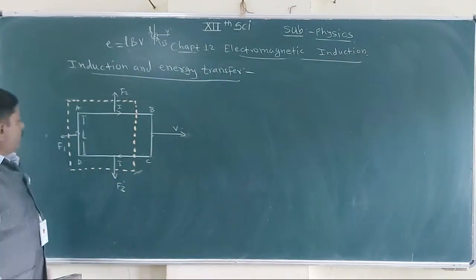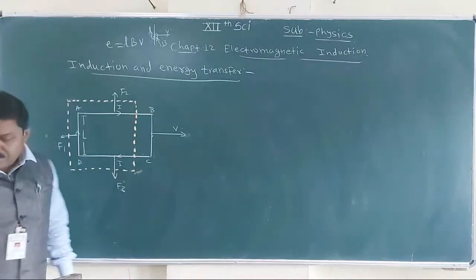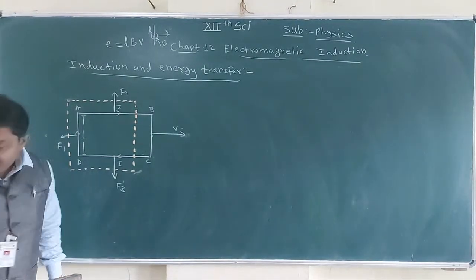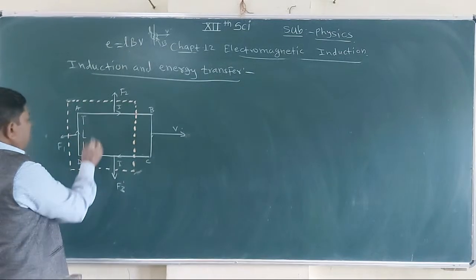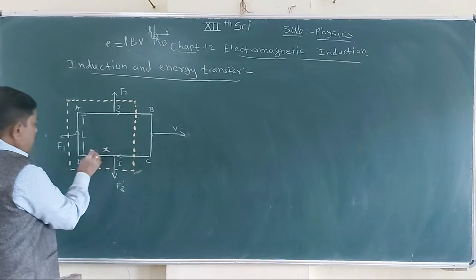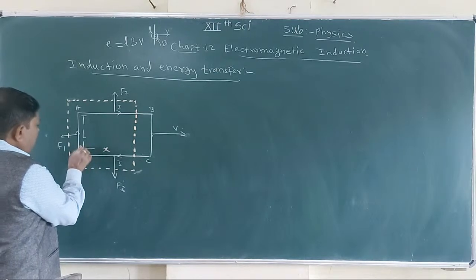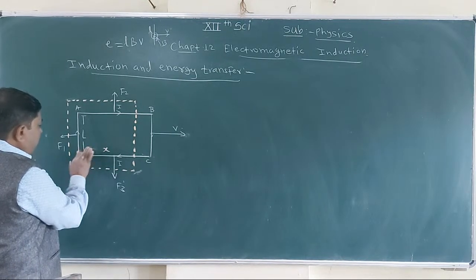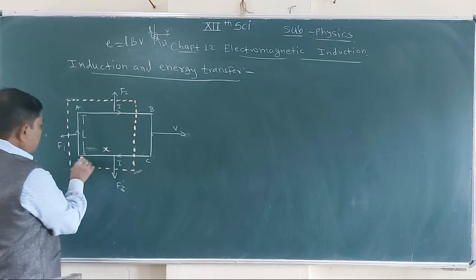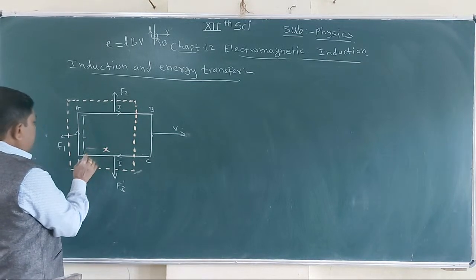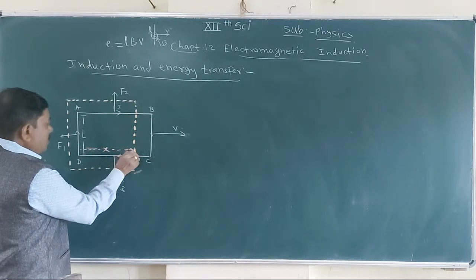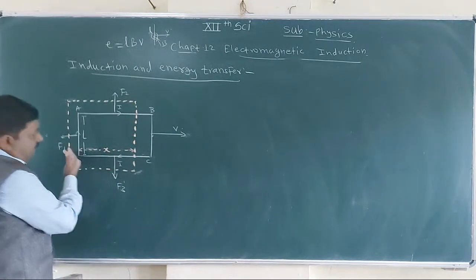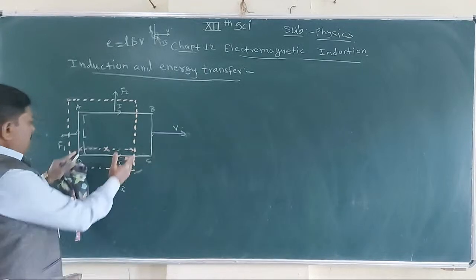In this magnetic field, this is the width of the bar, and x is the distance of the bar inside the field. So this is the displacement of the bar in the magnetic field.